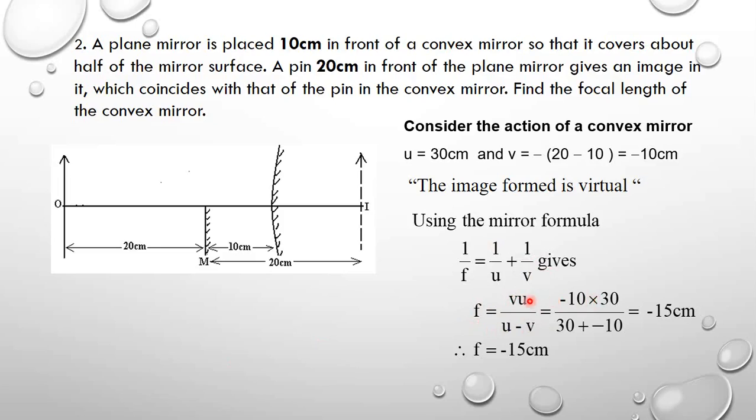Then we substitute v with negative 10 and u with 30, which will give us negative 15. Therefore, the focal length of that convex mirror is going to be negative 15 centimeters.